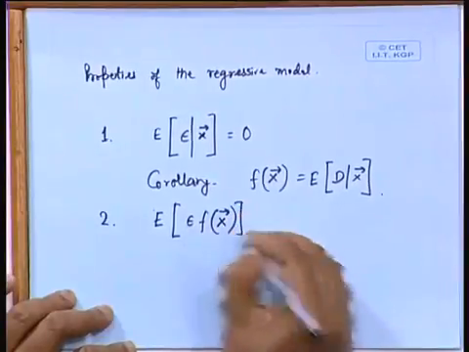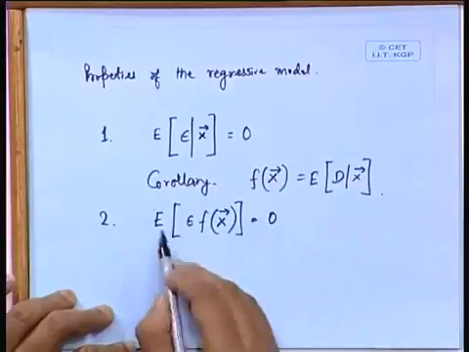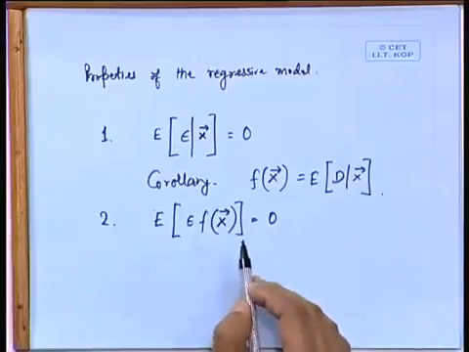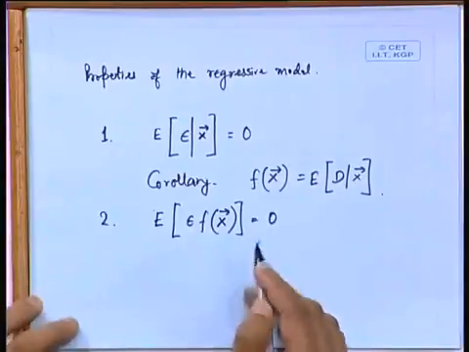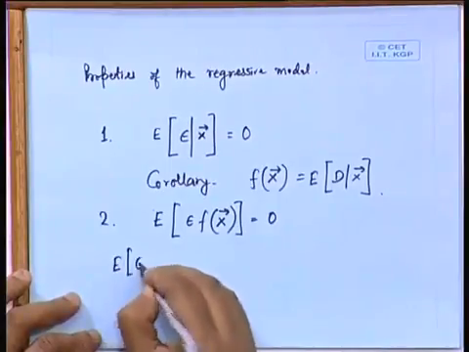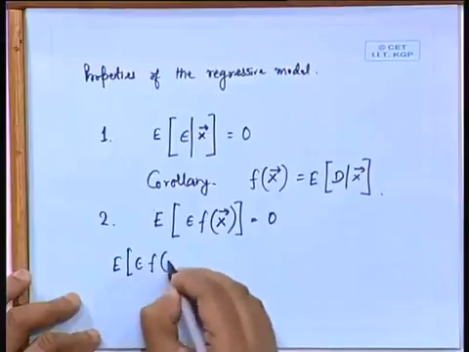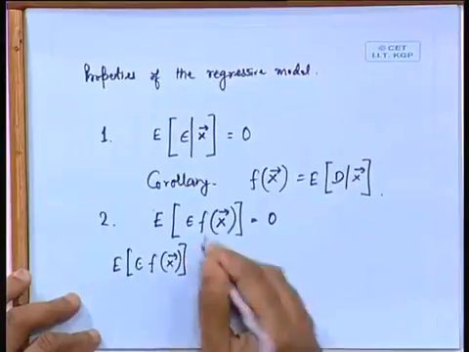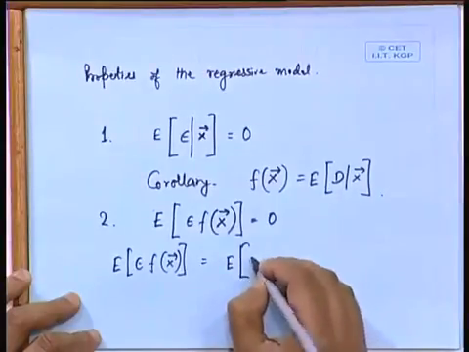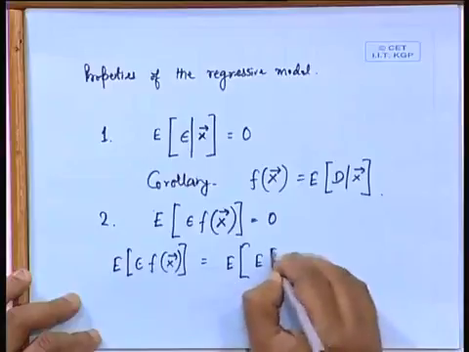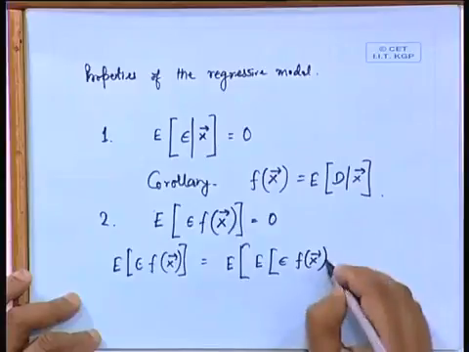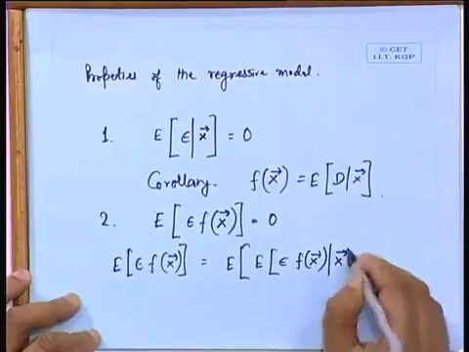So, that means the expectation of epsilon times f(x vector) is equal to 0. In fact, it is quite easy to see. We can write the expectation of epsilon f(x vector) as the expectation of epsilon f(x vector) given a realization x vector.